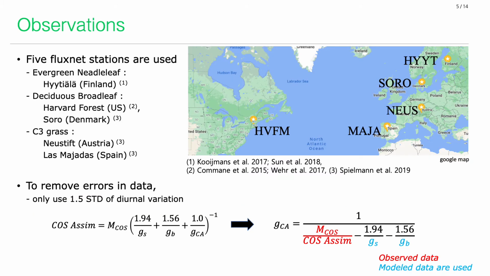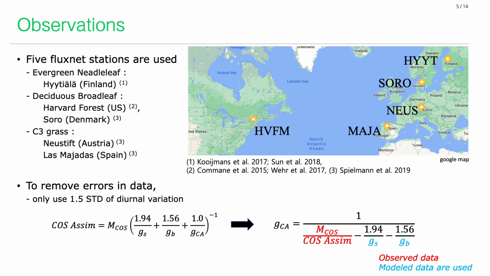To know CA's activities in leaves, we need observations. So we use FLUXNET data. Utila is for the evergreen needleleaf case, and Harvard Forest and Sorø are for the deciduous broadleaf case. For C3 grass, we use the Neustift and the Las Matadas datasets.